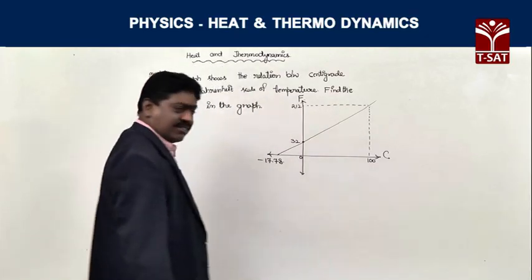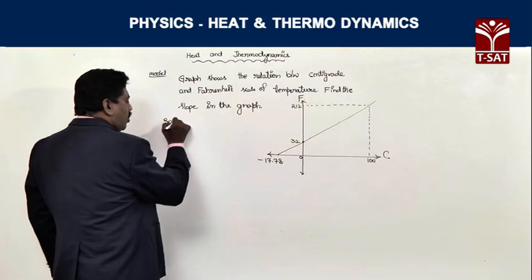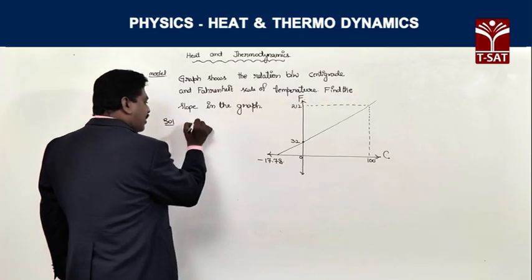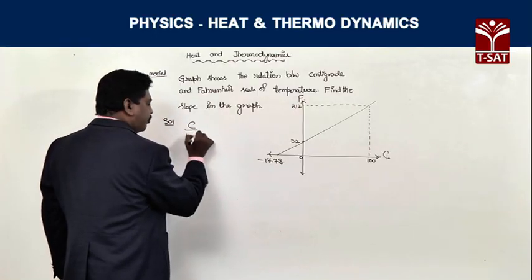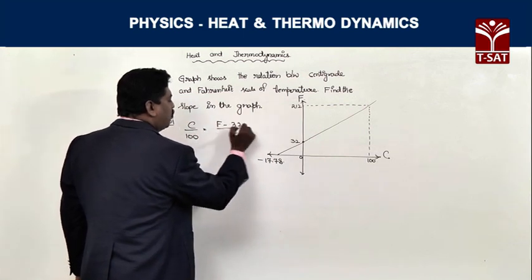But instead of that, we know the formula C by 100 equals F minus 32 by 180.